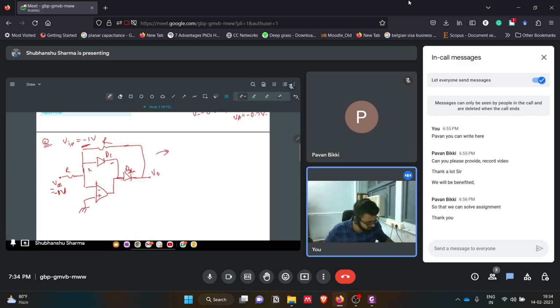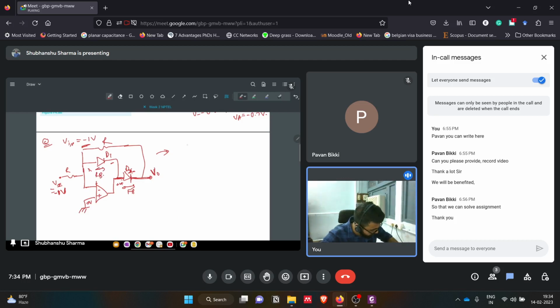This was the configuration. So for this D2, we gave minus volts since this was 0 volts. So what will happen? This will be negative, but this will be positive. So this will be forward biased, but this will be reverse biased.